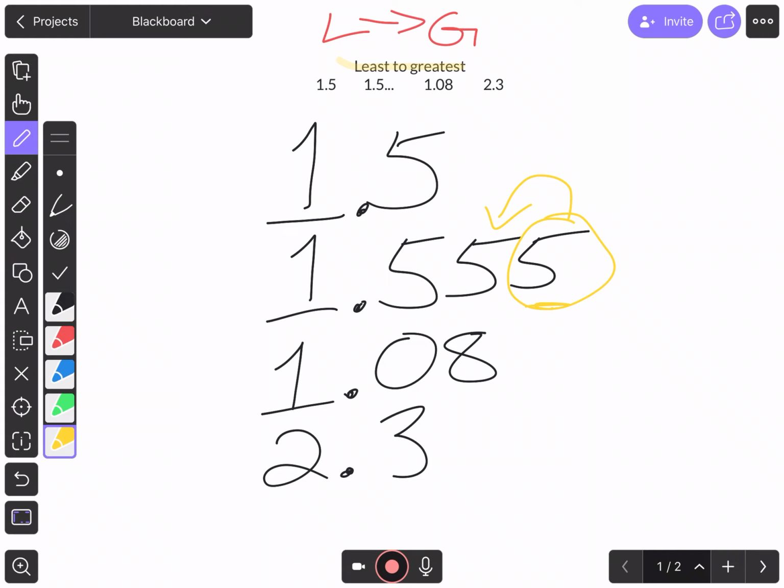The saying goes, 5 or more, add 1 more; 4 or less, let it rest. If this number is 5 or higher, you add 1 more to the number you're rounding to. If it's 4 or less, you leave it alone. In this case, it's 5 or more, so I'm going to add 1 more to the 5 next to it.